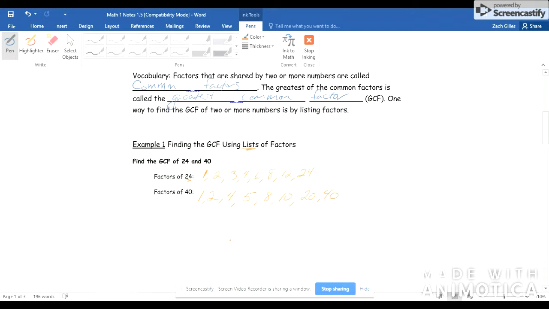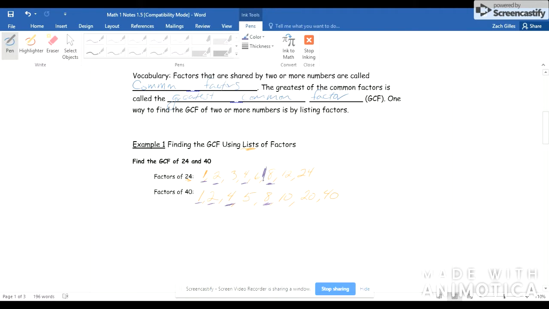Now what I need to do is look and see what factors they have in common. Okay, so I'll go through and circle the ones that they have in common, or just underline. 1 they have in common, 2 they have in common, 3 they do not have in common, 4 they have in common, not 5, not 6, 8 they have in common, 10 no, 12 no, 20 no, 24, 40 no. So then I look and see the greatest factor that they have in common.